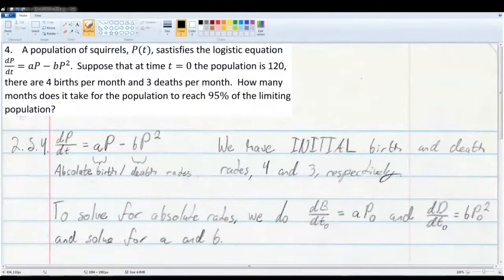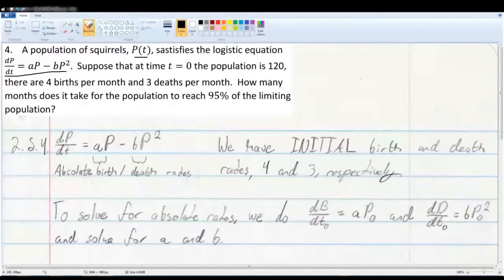So I did question 5.4, which is fairly similar. It's actually quite similar to one in the text. The numbers are just slightly different. So we have a population of squirrels represented by P of t, and that satisfies the logistic equation given here.